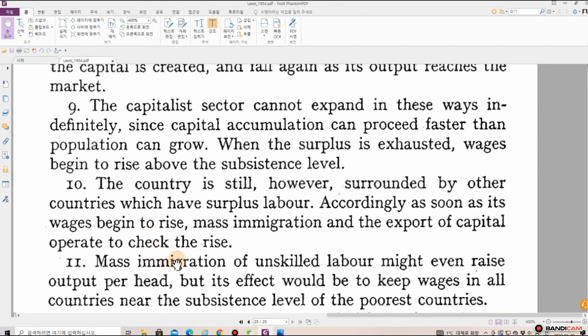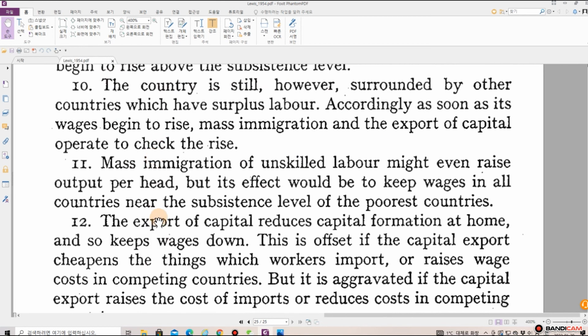9. The capitalist sector cannot expand in these ways indefinitely, since capital accumulation can proceed faster than population can grow. When the surplus is exhausted, wages begin to rise above the subsistence level. 10. The country is still, however, surrounded by other countries which have surplus labor.